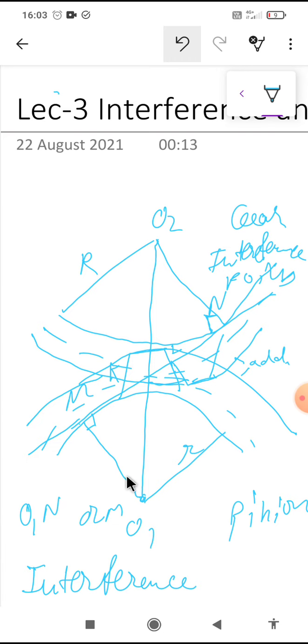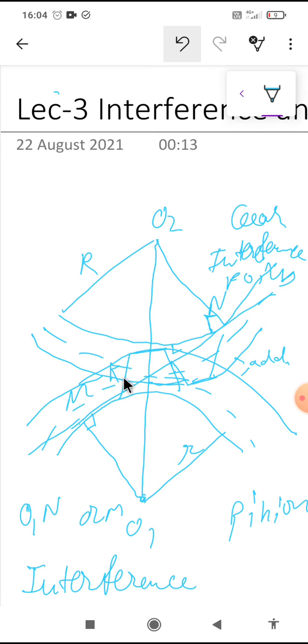Now, how can we avoid the interference? Interference may only be avoided if the point of contact between the two teeth is always on the involute profiles of both the teeth. If this point of contact, K and L, is on the involute profile of both teeth, then only can it be avoided.